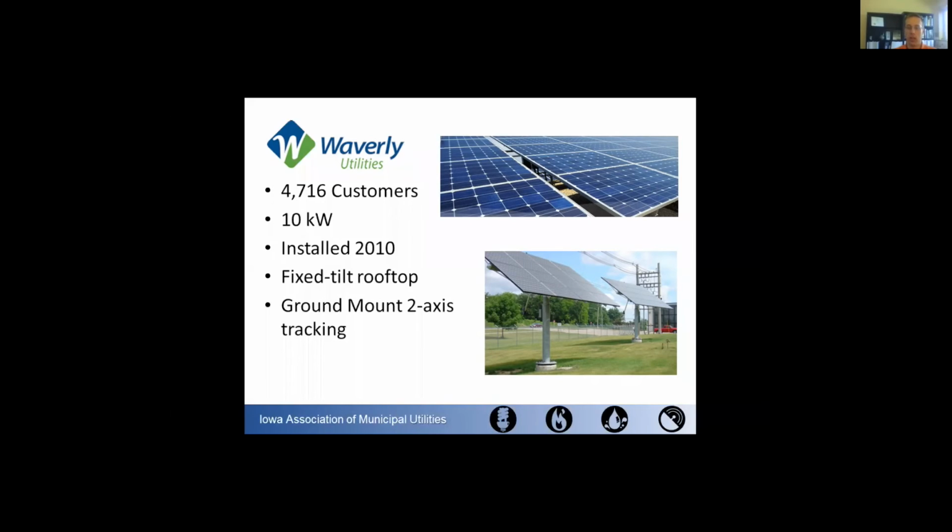It doesn't have the traditional participation or selling of shares, but because Waverly Utilities is a municipal utility, it really is a solar array that is serving the energy needs of all the members, the citizens, the residences, and businesses in that community.